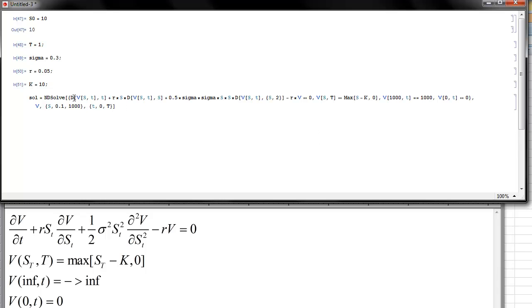So once again, this is the fundamental PDE. Those are the 3 boundary conditions, and here are some Mathematica parameters which tell Mathematica to solve for v and numerically evaluate for s between 0.1 and 1000 and t between 0 and the maturity, which is 1.